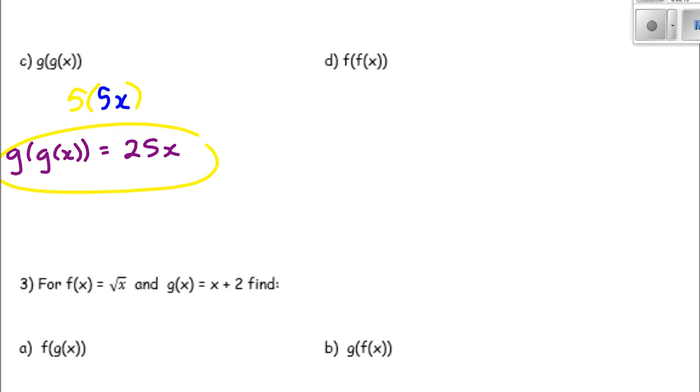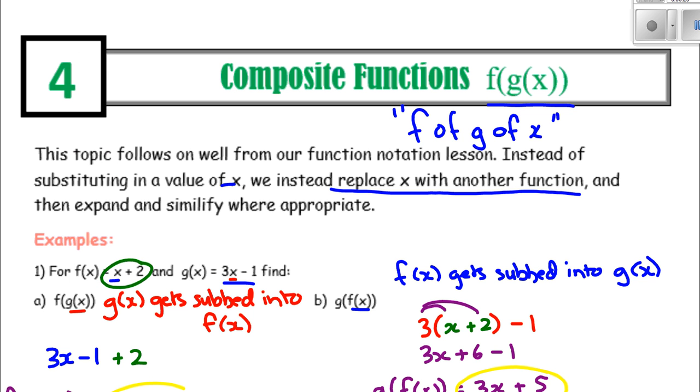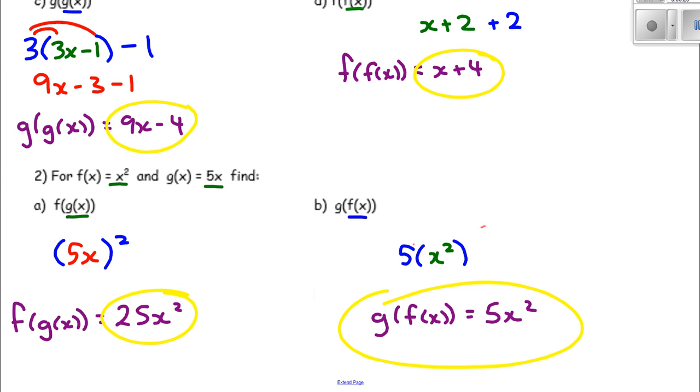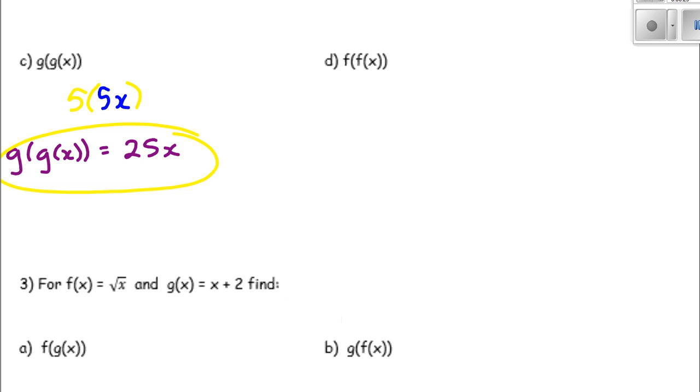And then f of f of x. So as you can see below, f of x is x squared. So it's going to be x squared, but it's like x squared. So open up the brackets, sub in x squared into x squared.